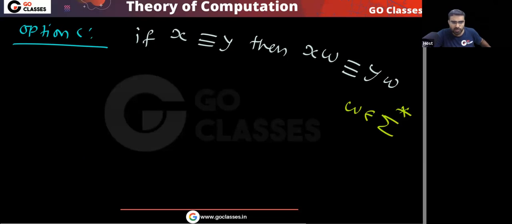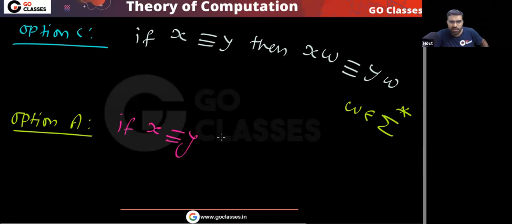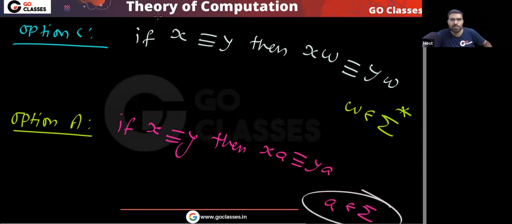What is the difference between option A and option C? Tell me, is there any difference? Yes, there is a difference. In option A, we have if X, Y are equivalent, then XA is equivalent to YA. We are only checking an alphabet symbol.